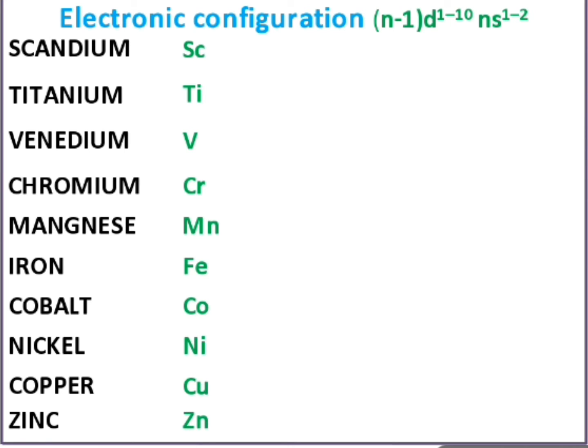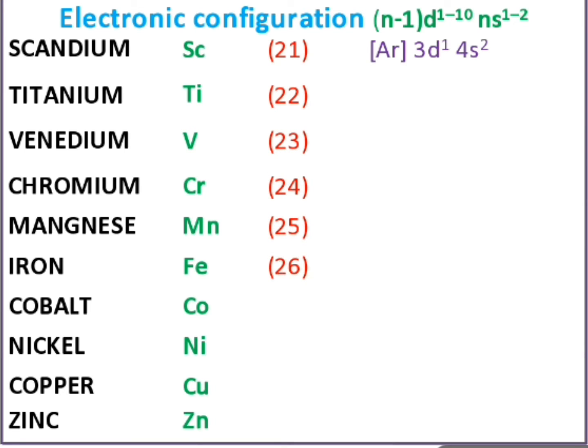For atomic number 21, the configuration will be 3d1 4s2, because according to the Aufbau principle, the last electron enters the orbital which has the highest energy. So the last electron is entering 3d1, then for 22, it will be 3d2, and so on.